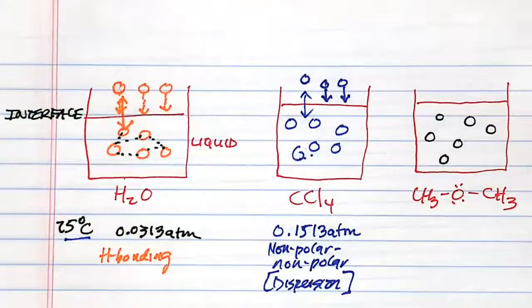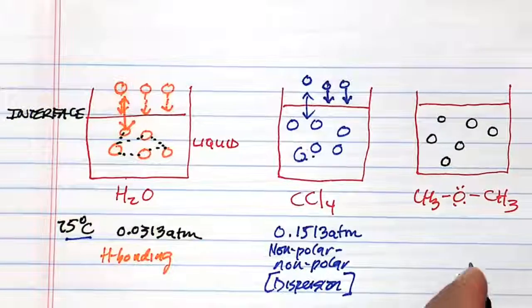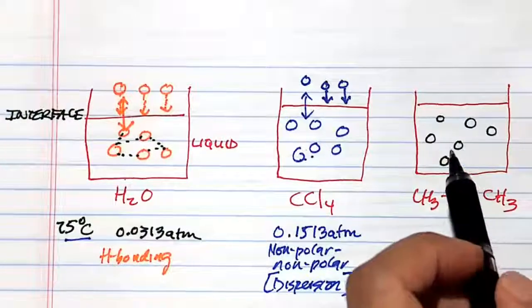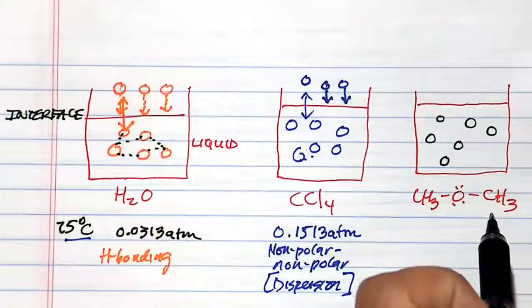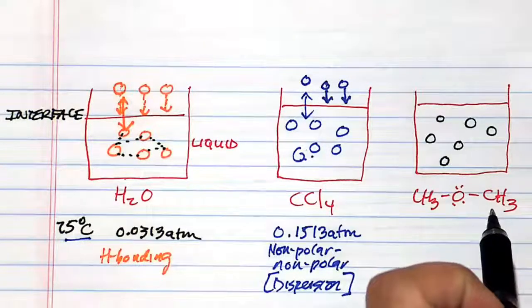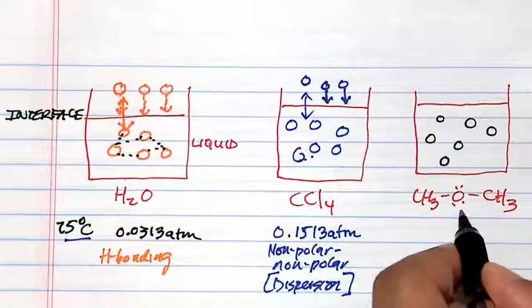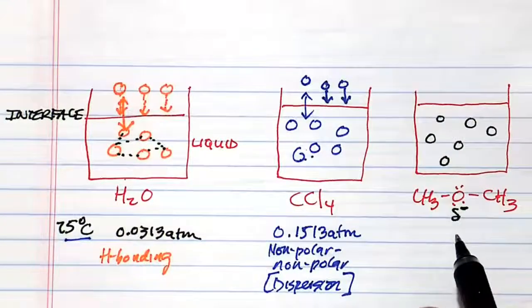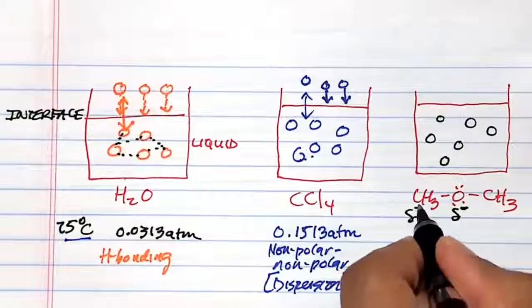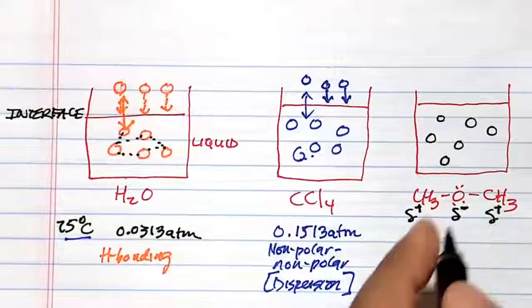And let's look at our final example here, dimethyl ether. We came across this in our lecture on intermolecular forces. These molecules are interacting with each other through polar interactions. This has a dipole moment that is partial negative, leaving these carbons as partial positive.